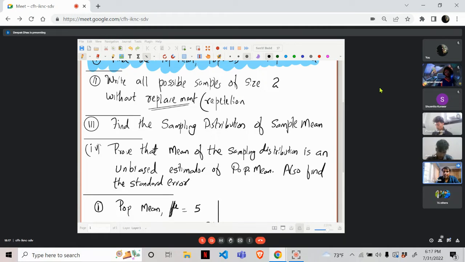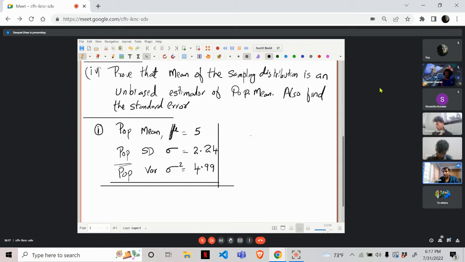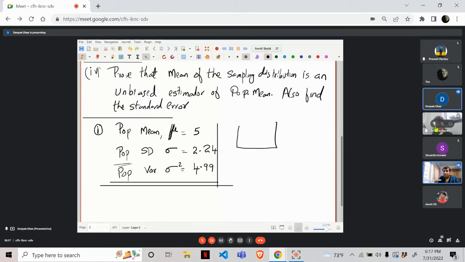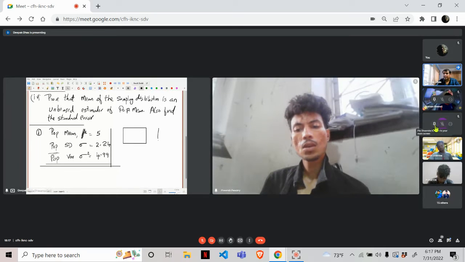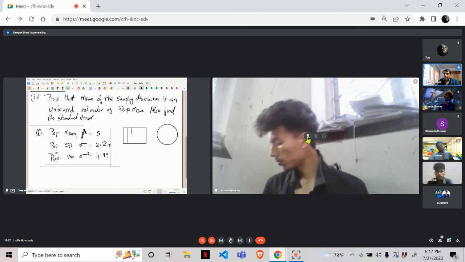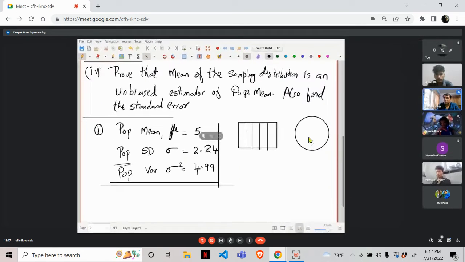Those who attended the class last week will remember I talked about two practical methods of sample collection. One is called stratified sampling and another is called cluster sampling. In stratified sampling, we divide the entire population into many parts, and each part is called a stratum. Then the person collecting data goes into each stratum, collects information, and reports the arithmetic mean.